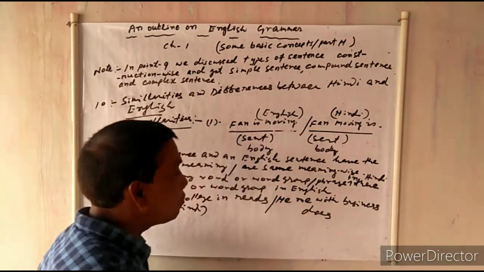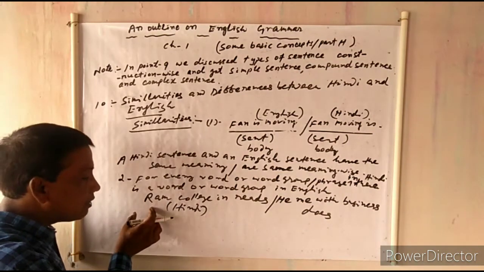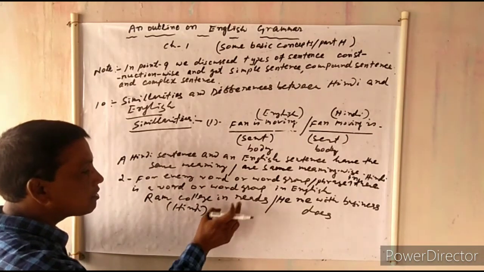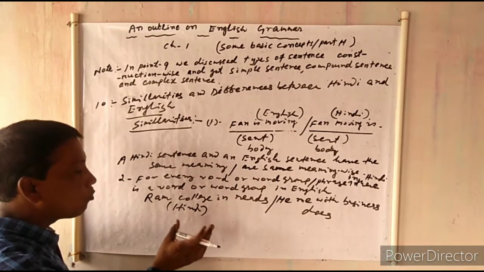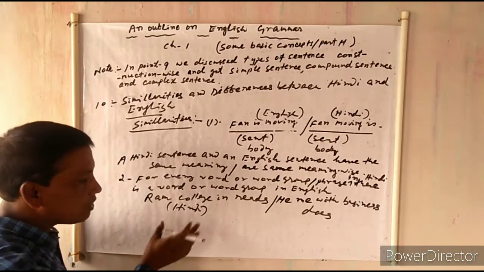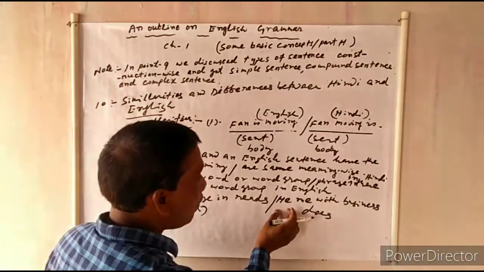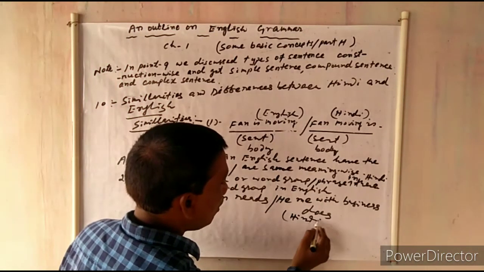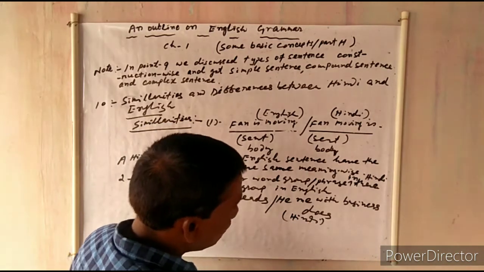So we can observe one thing, that is, for every word in Hindi you are getting a word in English. Ram college में पढ़ता है. Suppose this is a Hindi sentence, but I am not writing the Hindi words, I am directly writing those English words for those Hindi words. Likewise, here in this example, वह मेरे साथ business करता है. This is also, I wrote the English words of the Hindi words that we are making use of in the Hindi sentence.